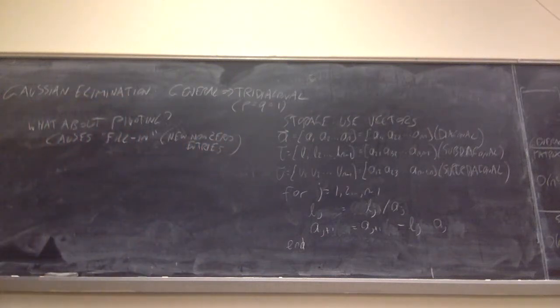So that wreaks havoc with vector storage. You can't store the matrix in W vectors, where W is the bandwidth, because they won't hold all the entries you get. But pivoting can still be necessary because we need it to minimize propagation of round-off error. There's a reason given for doing pivoting in the first place, besides avoiding division by zero.